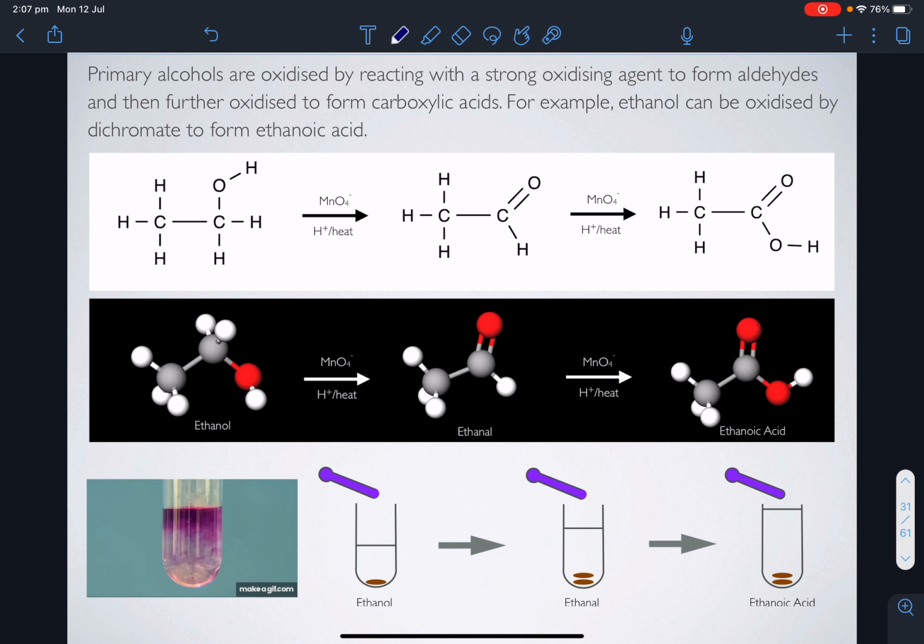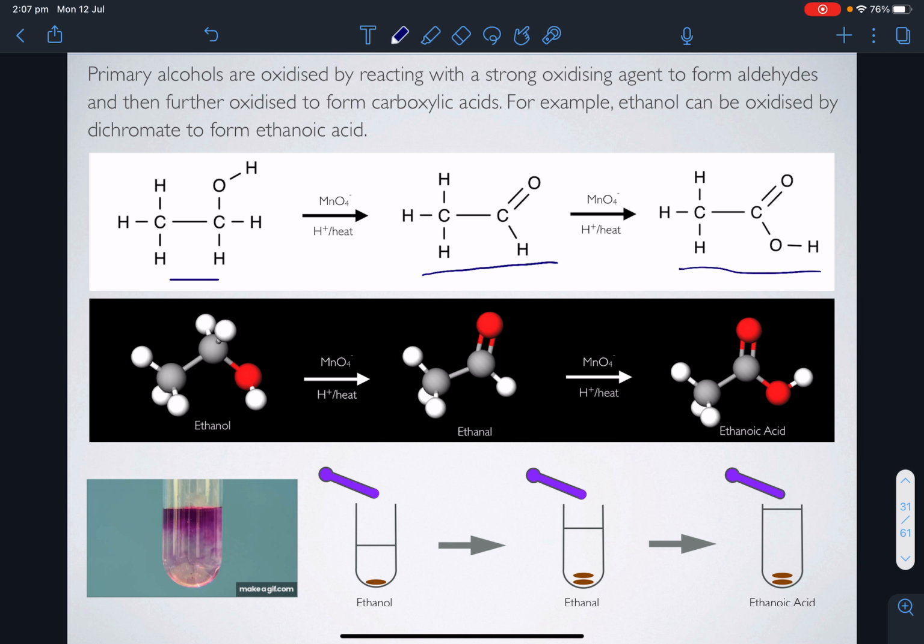In my example, I've got ethanol. With an oxidizing agent, it's going to go to ethanal, and if there's enough oxidizing agent, it's going to go all the way to ethanoic acid and stop. It can't be oxidized anymore.